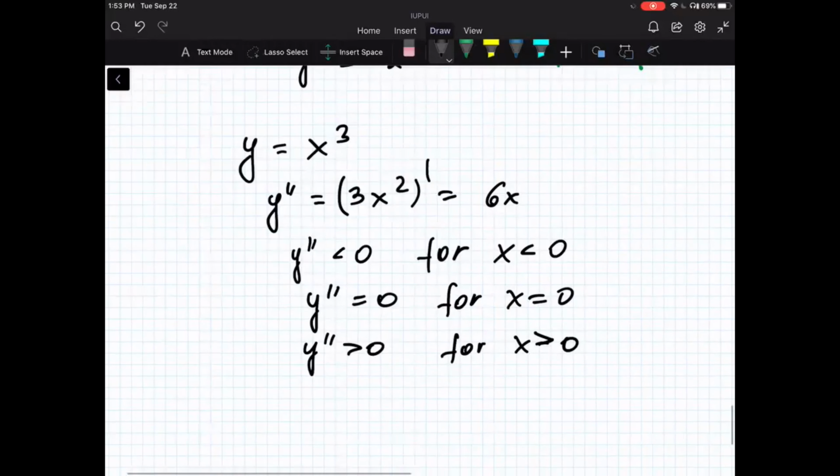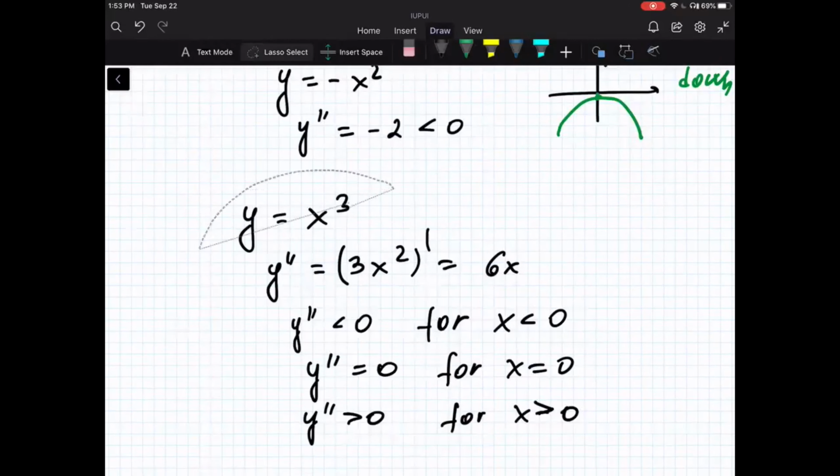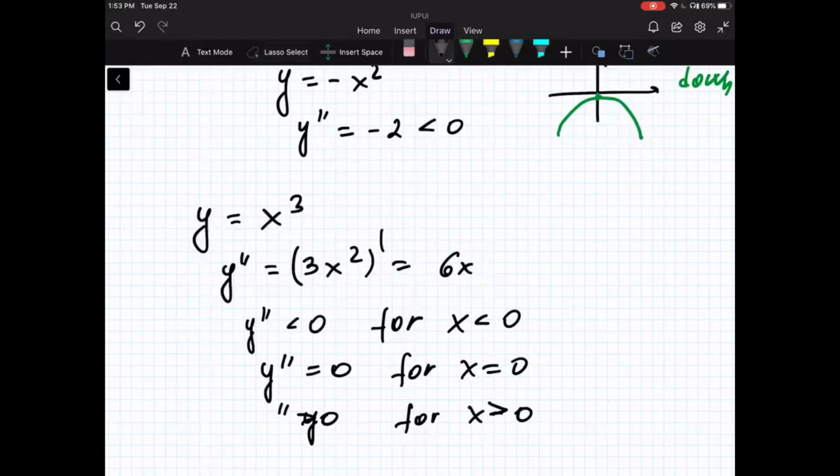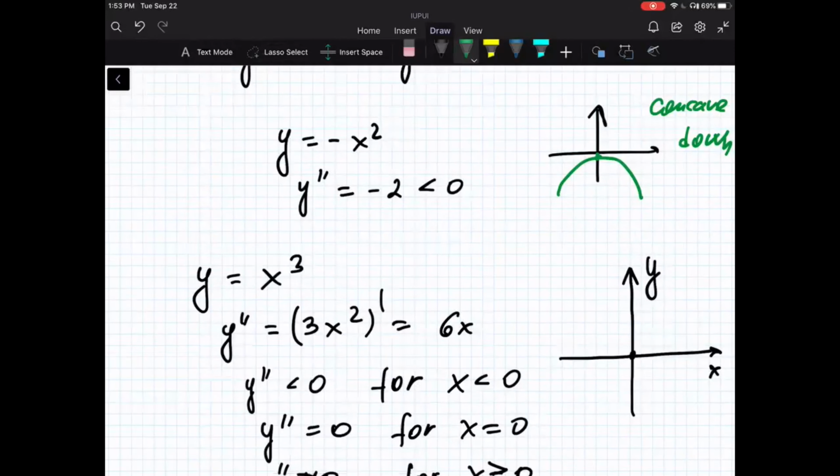And let's draw the corresponding graph. That's what you see on the graph, because before, when x is less than 0, it's concave down, so it should look like this.